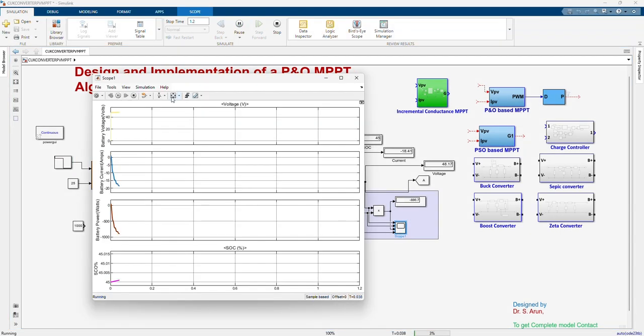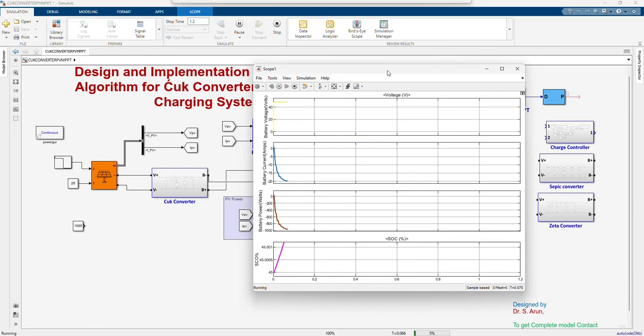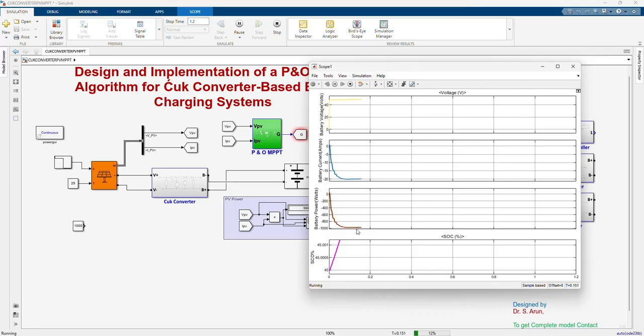You can see the output of the scope at different irradiance levels. At 0 seconds, it is nearly equal to 1 kilowatt. You can see here the battery power is nearly equal to 1 kilowatt. When the time reaches 0.4, the irradiance level will be 800.